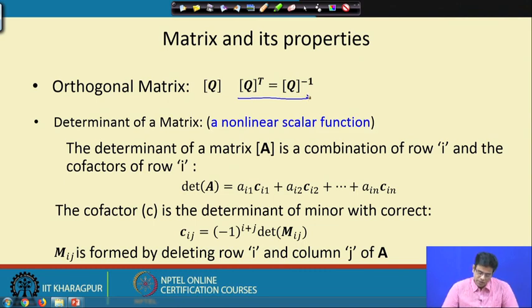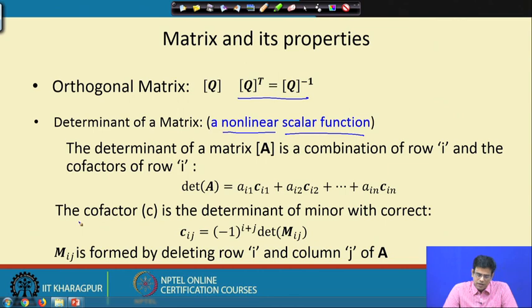Now, the determinant is a nonlinear scalar function. So, remember one thing: when we say determinant, we always mean something which is a scalar value. The determinant can be represented as ai1 ci1 plus ai2 ci2 and so on. That means the determinant of a matrix is a combination of row i and the cofactors of row i.